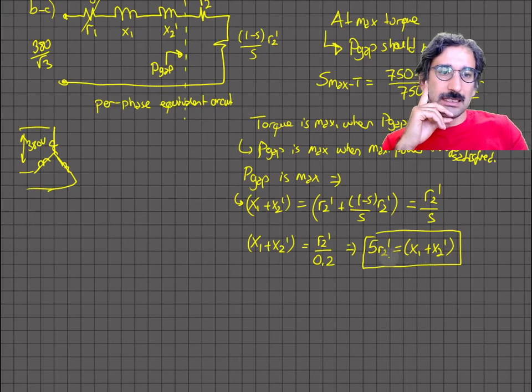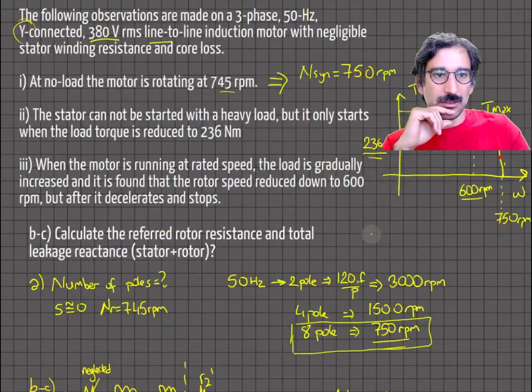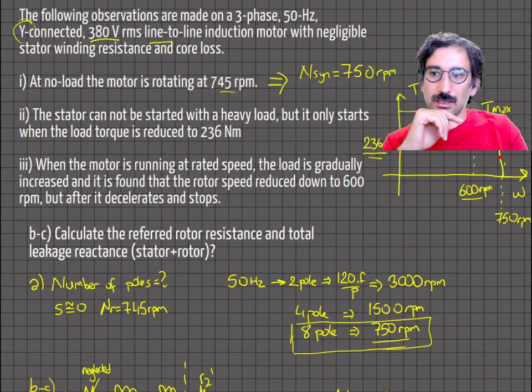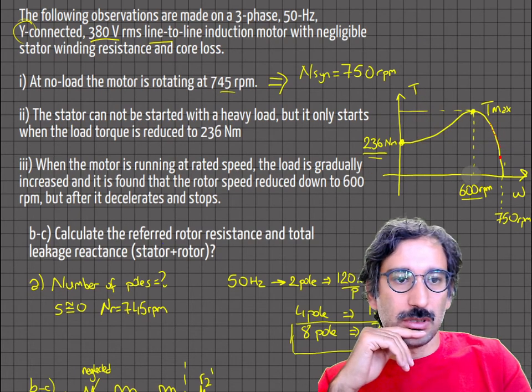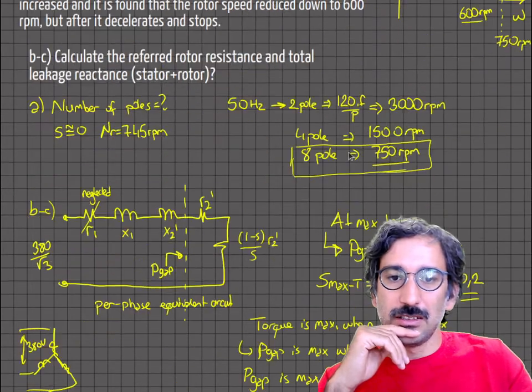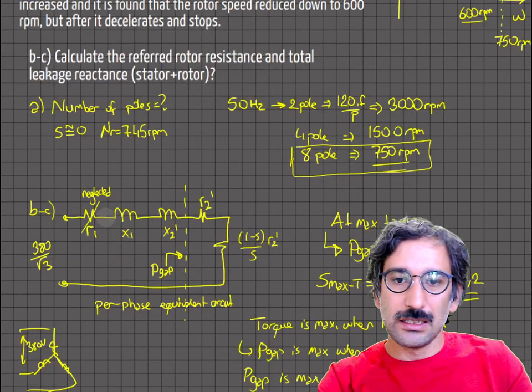But again, that information is not enough to get actual values. But actually I used the maximum torque information, the position where maximum torque occurs, and I managed to find a relation between the X1 and X2 prime and R2 prime.